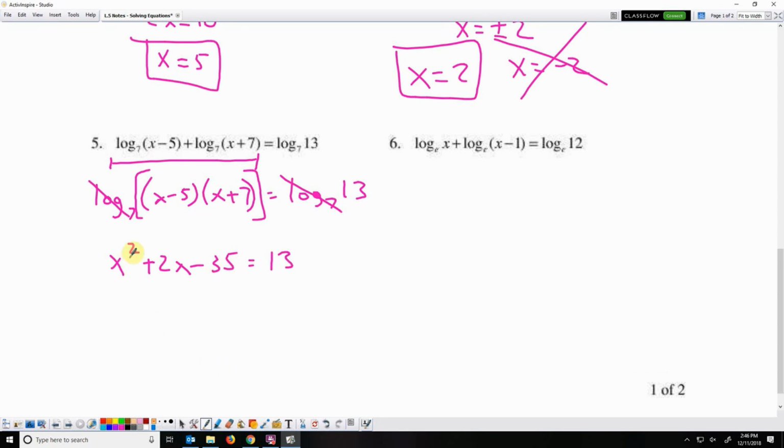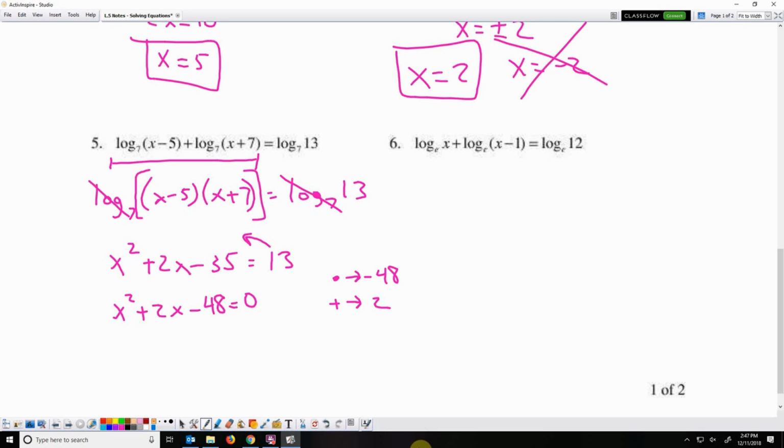I have an x squared and an x, so I want to get everything to the same side and set equal to 0. So x squared plus 2x minus 48 equals 0. So two numbers that multiply to make negative 48 and add up to 2.